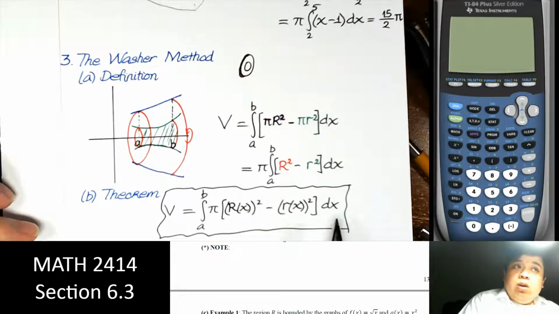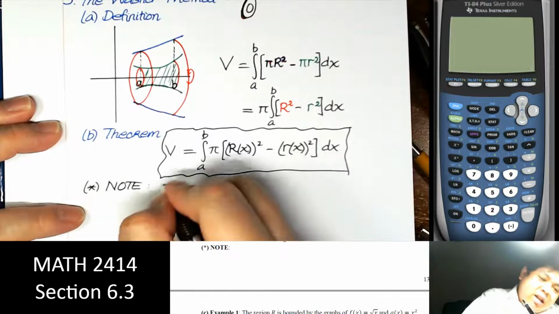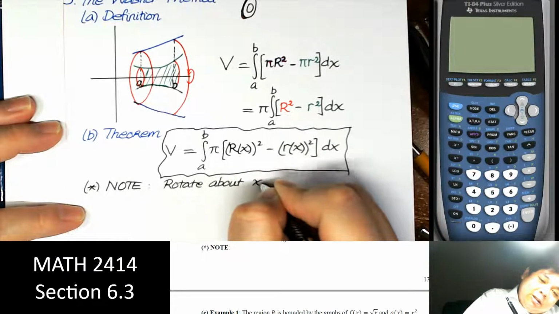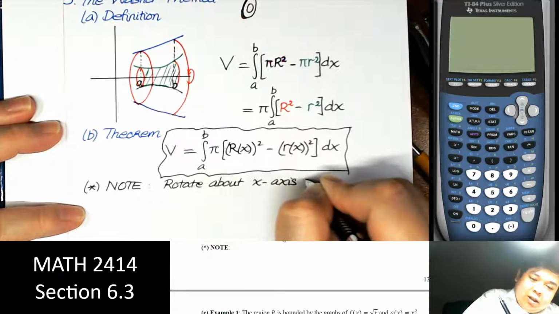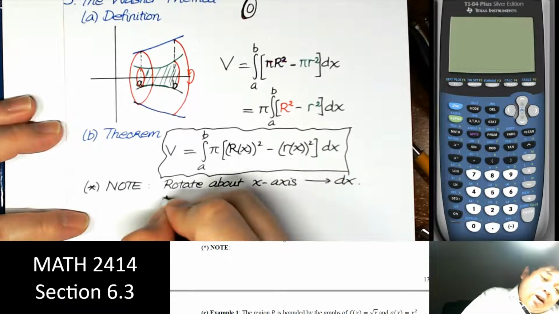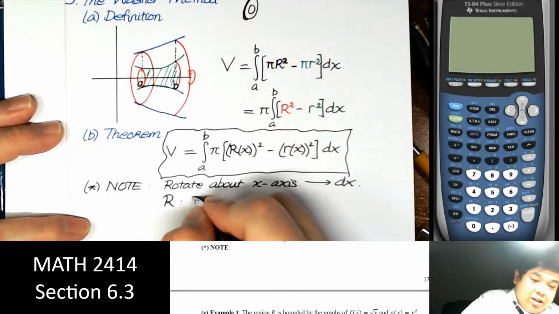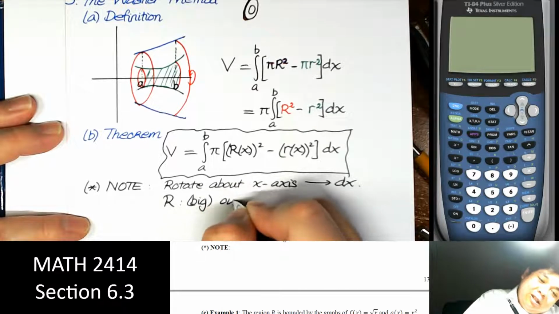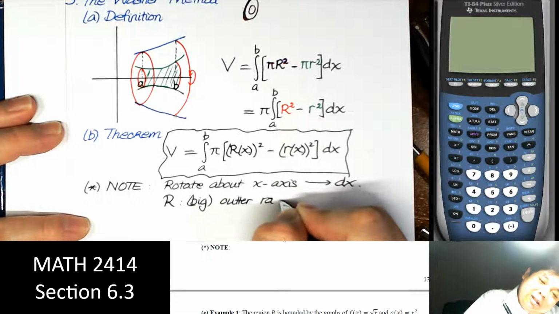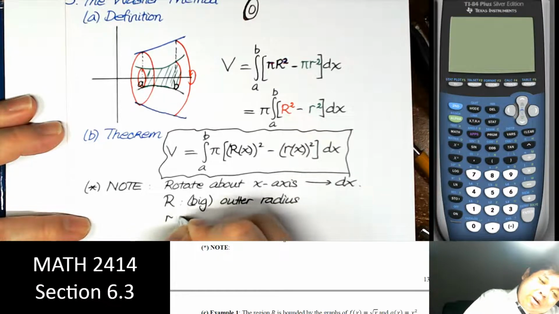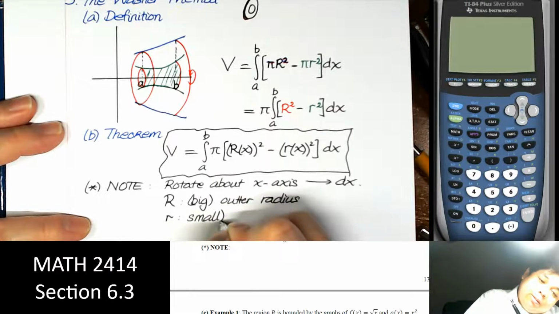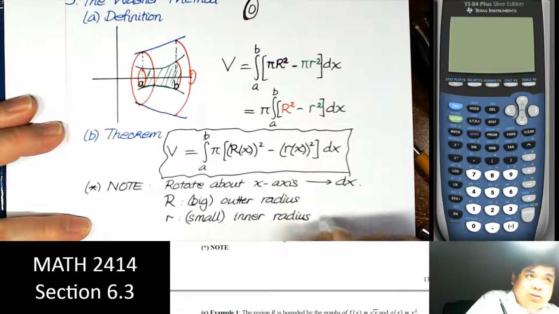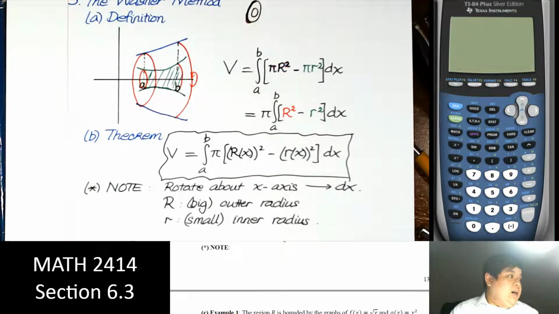The washer method, just like the disk method, if it is rotated about the x-axis, it's going to be dx, and R is the big radius, or I should say the outer radius, and little r is the small or the inner radius. And pretty much that.